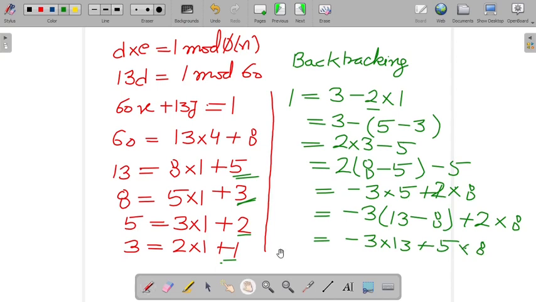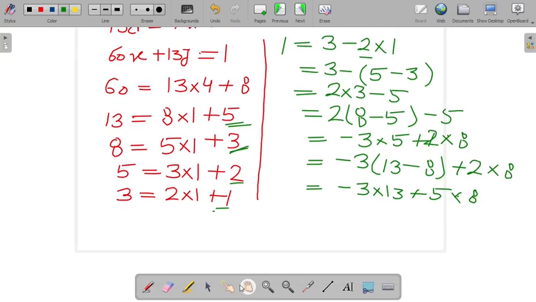How can you write down the 8? Now you move to 8: 60 minus 13 multiplied by 4.